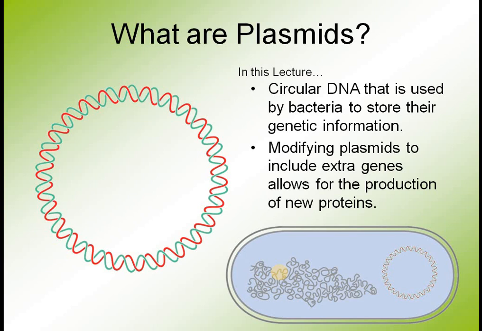So what are plasmids? Plasmids are circular, extra-chromosomal, self-replicating DNA. You can see in this slide a bacterium with two types of genes.